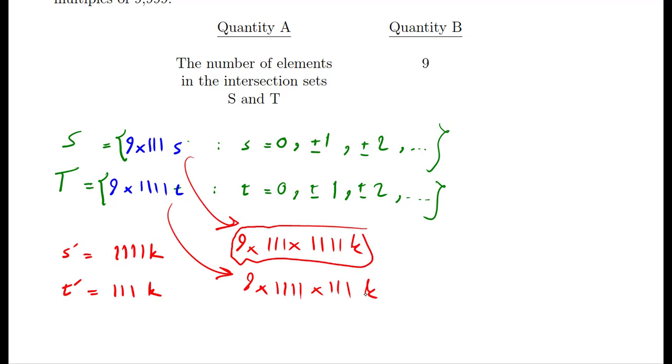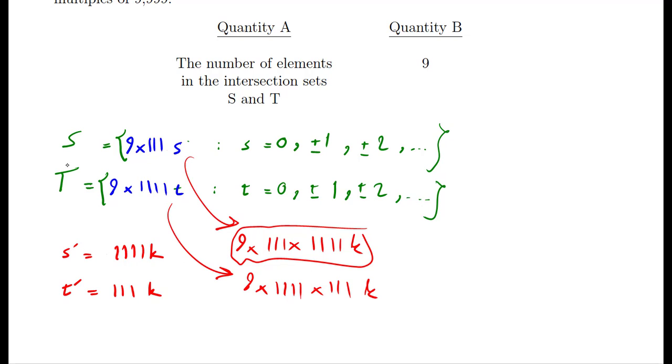Pay attention, this and this one, all of them belong to these kinds. If k is anything, put k equal to 2, so this s is 4 times 111 times 2. If k is 5, it's 4 times 111 times 5. Here, it is 5 times 3 times 111, and it belongs to this set.